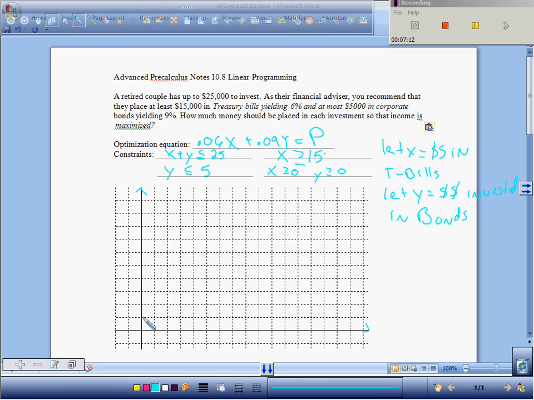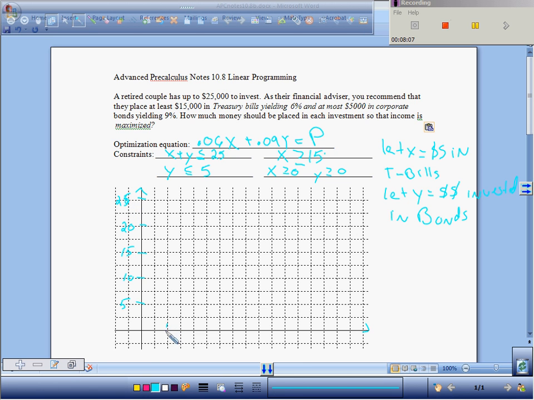We should do fives every other box. Okay, that's a good idea. Austin had a good idea. He said count by fives every other box. So that's 5, 10, 15, 20, 25.